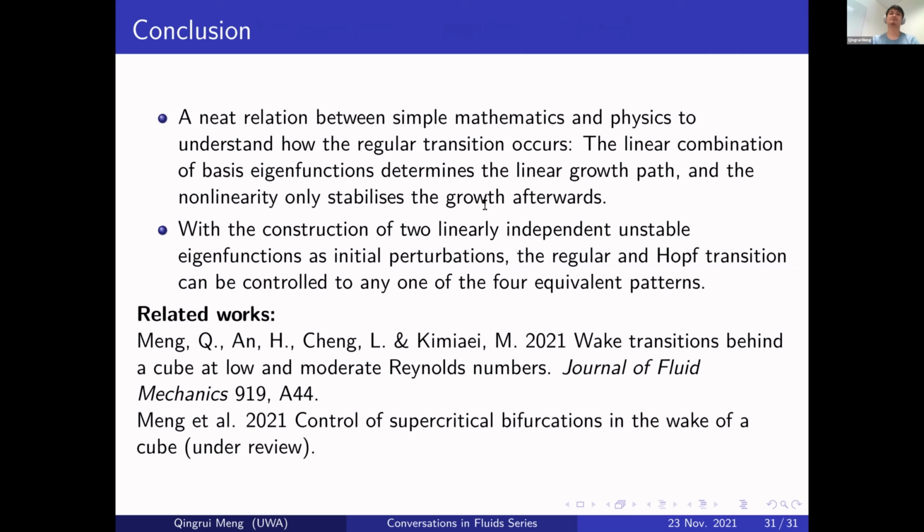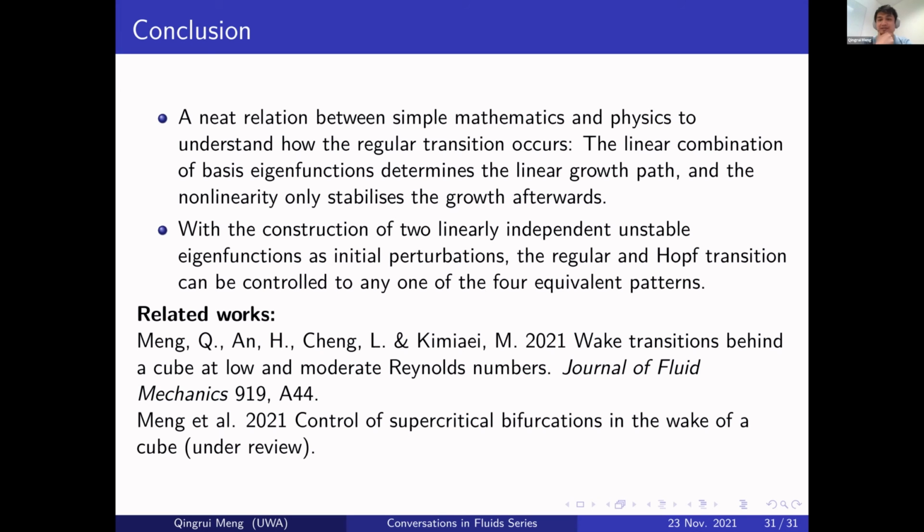Okay, so in this work, we present a neat relation between the simple mathematics and the physics to understand how the regular transition occurs. It is based on the linear combination of two eigenspaces.